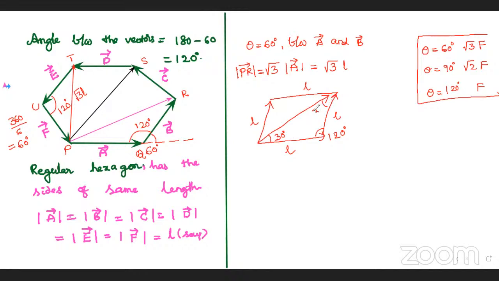The total angle in the triangle is 180 degrees. That's why I am saying it is 120 degrees here. So it tries to bisect the angle here.